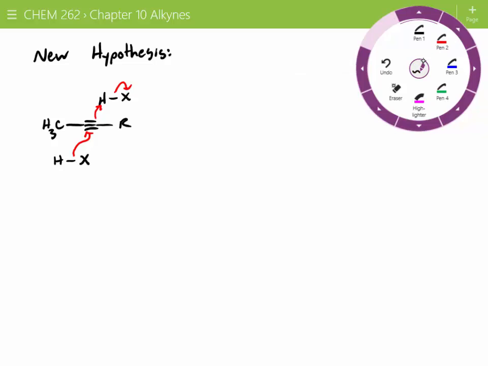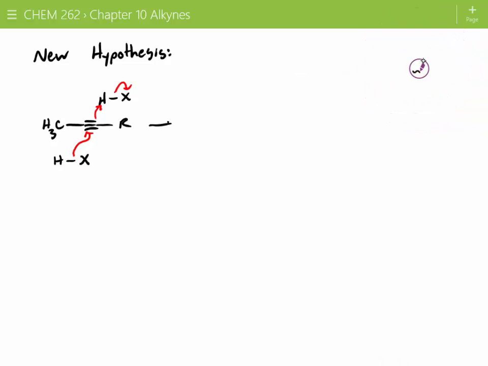So let's draw the transition state. We're breaking this bond between the hydrogen and the halide. We're forming a new bond to this carbon. The hydrogen is still sticking out there. The CH3 is still attached.